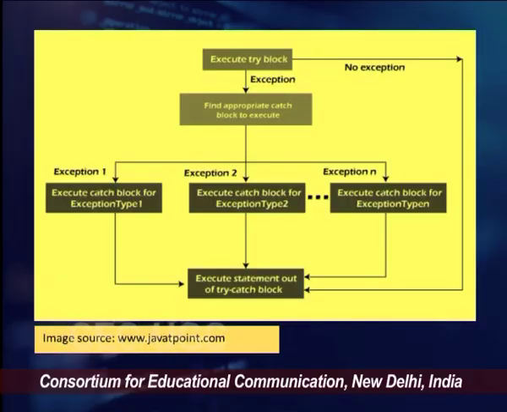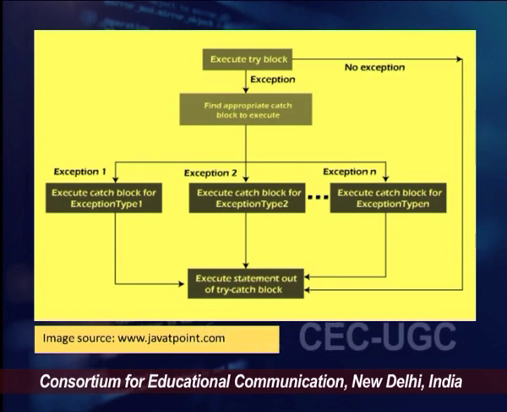So, here we are trying to understand the multi catch block in Java with the help of a figure. The first statement says execute the try block, and if there is no exception, then we execute the statements which are outside that try catch block.